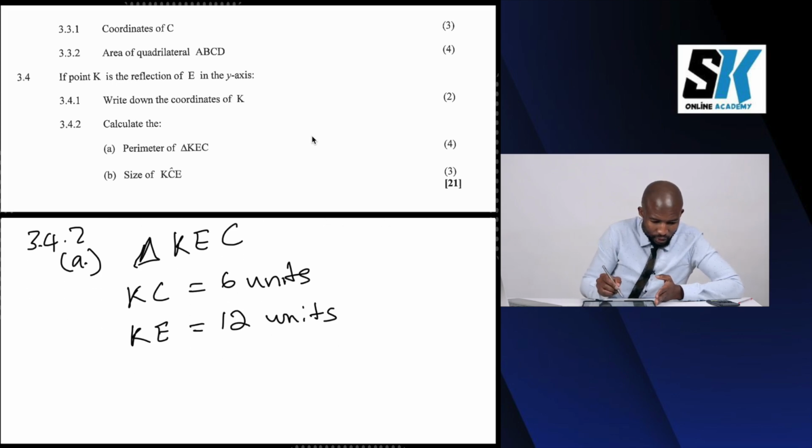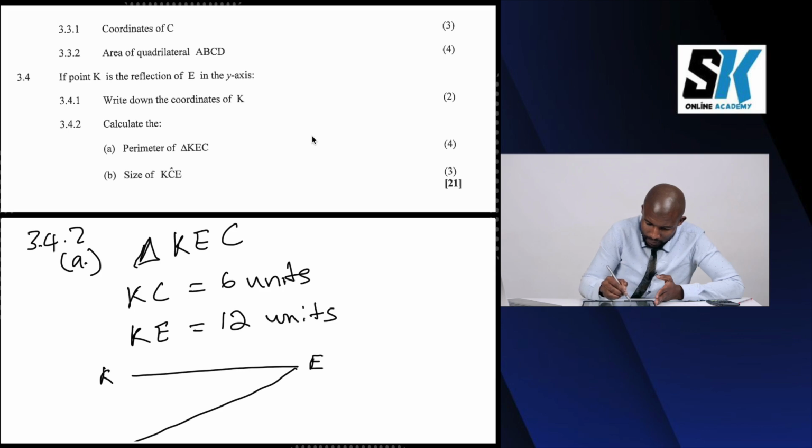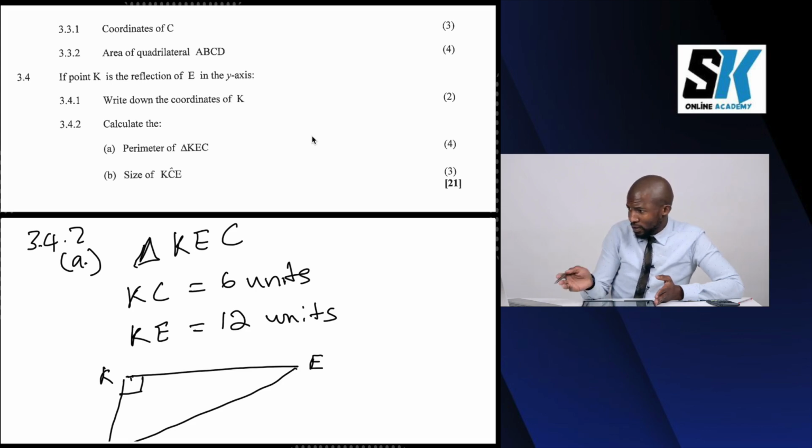So if I can just do a simple sketch, you have K and E. Then at the bottom we're going to have point C. So this would be your 90 degrees, because it's a straight line from K to E, because it's just a reflection.